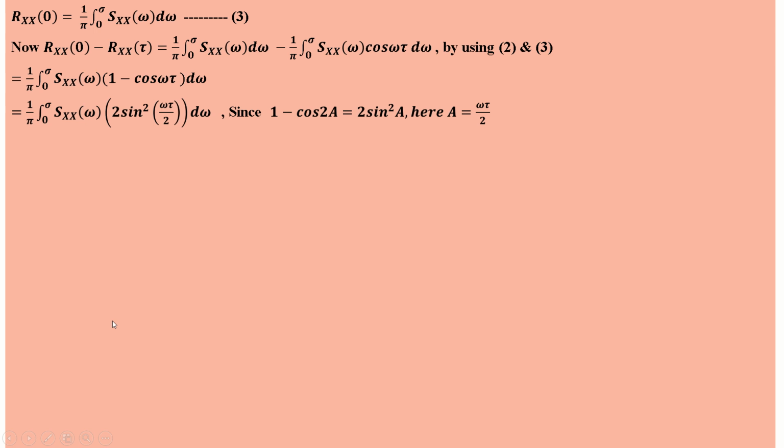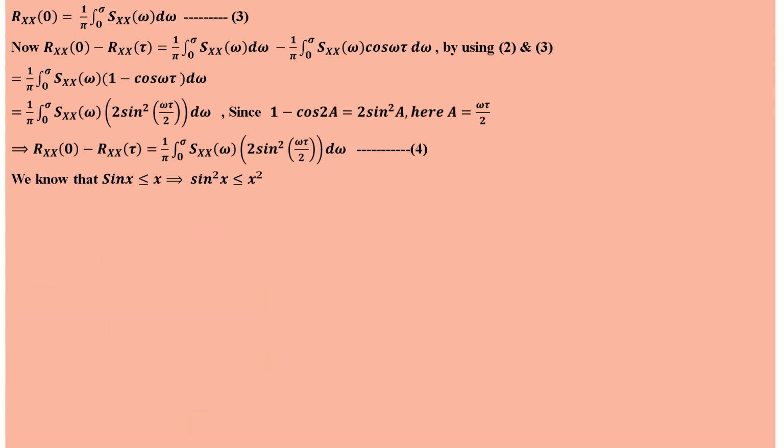We know 1 minus cos 2a is equal to 2 sin square a. Take 2a equal to omega tau. Therefore a is equal to omega tau by 2. Replacing, we get 1 by pi integral 0 to sigma Sxx of omega 2 sin square (omega tau by 2) d omega. Therefore Rxx of 0 minus Rxx of tau is equal to 1 by pi integral 0 to sigma Sxx of omega 2 sin square (omega tau by 2) d omega. That is equation number 4.